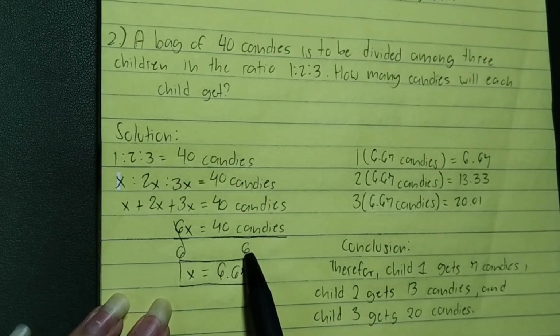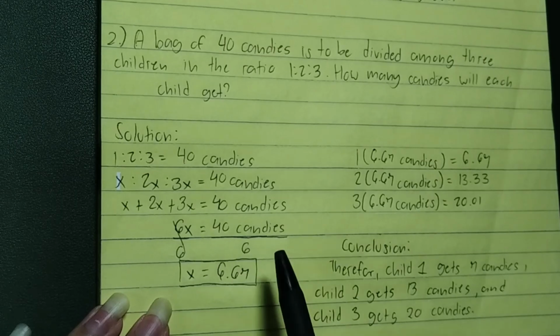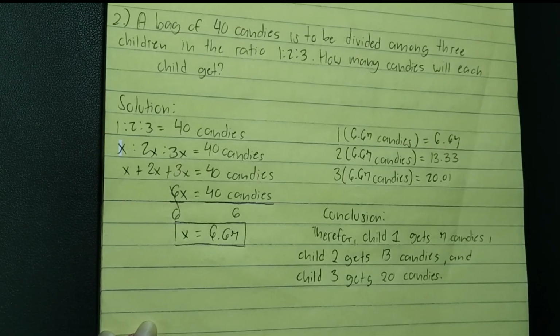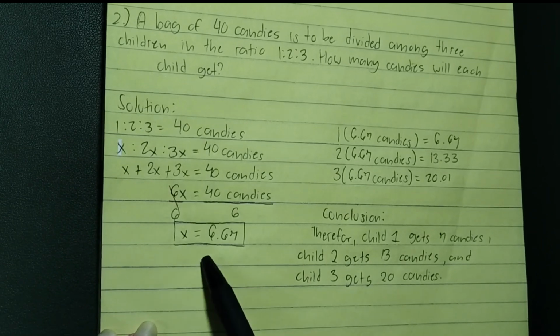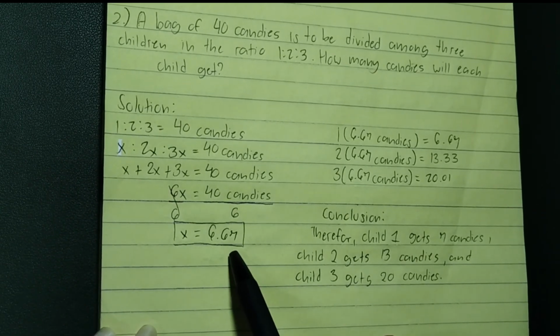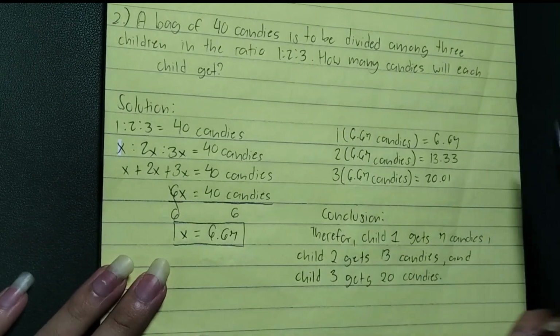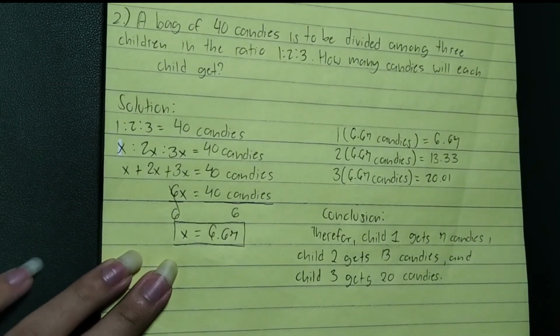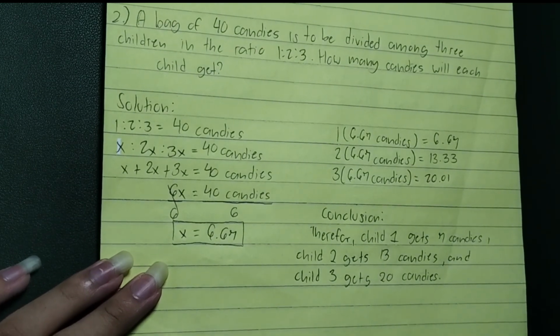That will give us 6.67 if we divide 40 candies by 6. And to calculate each share, we should multiply 6.67 by the given ratios, which is 1:2:3. So we could know how we can divide it among these three children.